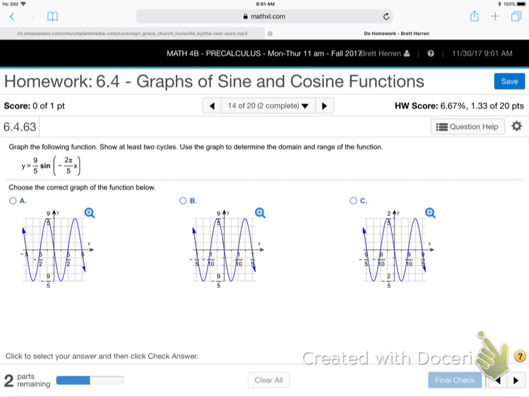Exam 4 goes on what, 11-1 through 6-4, doesn't it? Oh no, it only goes to 6-3. Huh. Oh yeah.